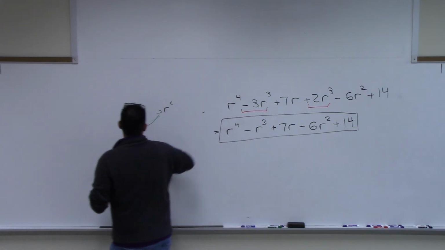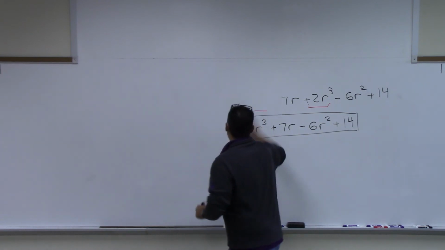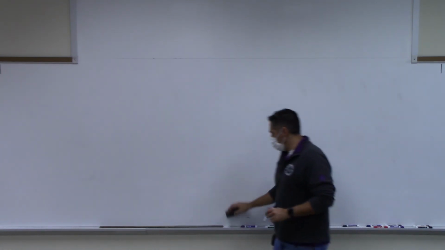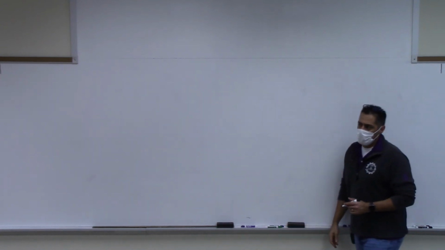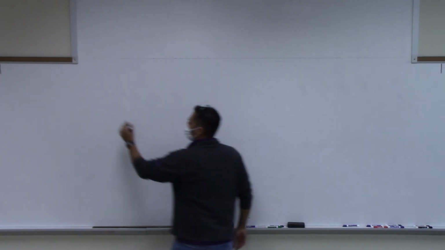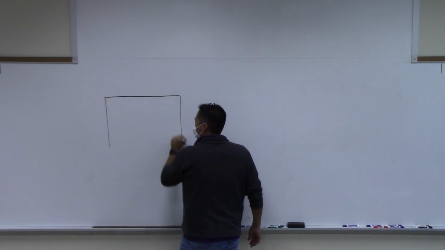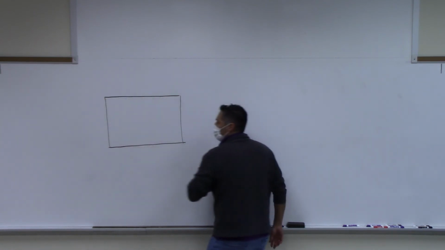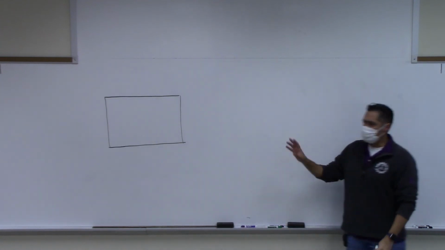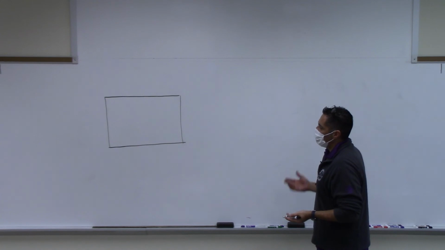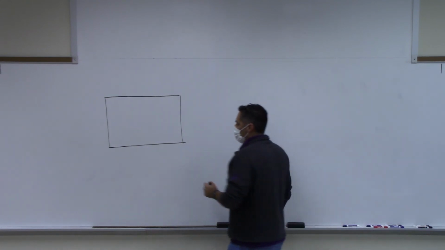So I have a problem now that's going to seem like it's coming out of nowhere, all right? It's a geometry problem. So I'm going to draw a rectangle. I'm getting ready to build this shed in my backyard or something, right? There it is. Kind of starting to sketch out what I'm going to build. I'm not quite sure how big it's going to be, but here's what I can tell you.